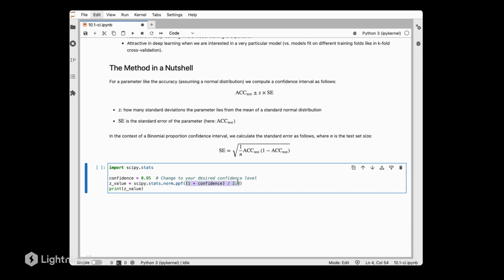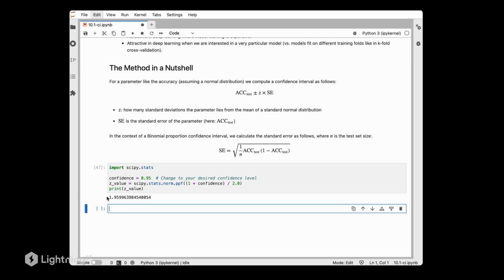The normal distribution has two tails, on the left-hand side and the right-hand side, and we are interested in 95% around the mean. So we are essentially dividing by 2 because we have two endpoints here. So we have 1 plus the confidence level divided by 2 to get the correct z-value.